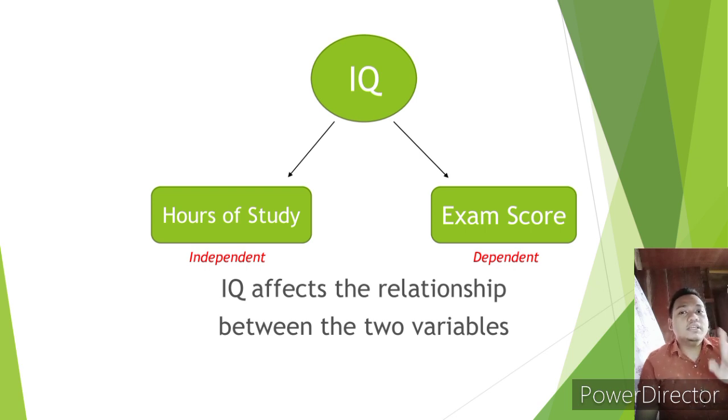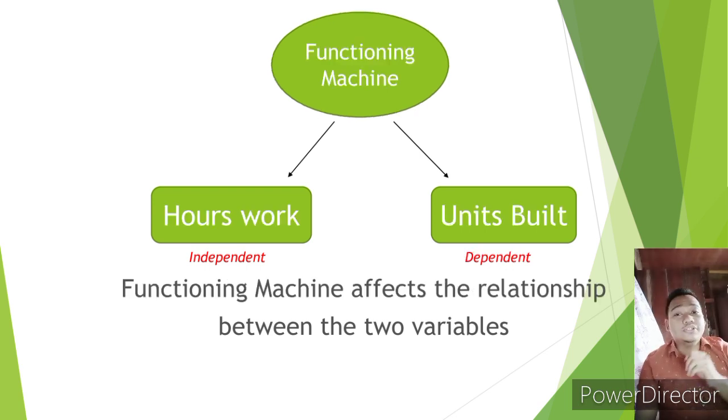Okay. Next one is hours of work, in a certain factory. The dependent variable is units built, which depends on the hours of work. So the independent variable is the hours of work, and the units built is the dependent variable.